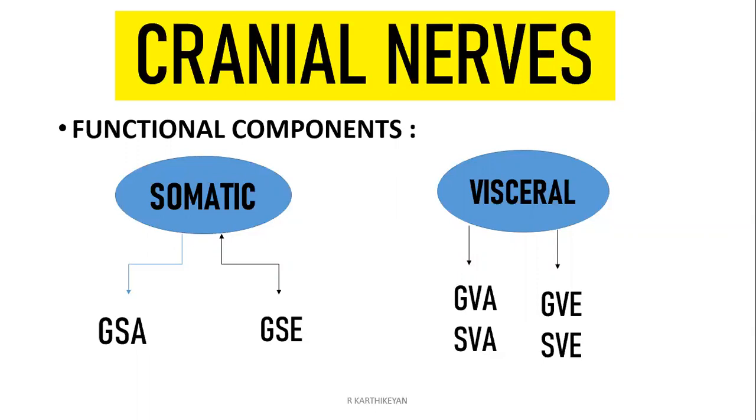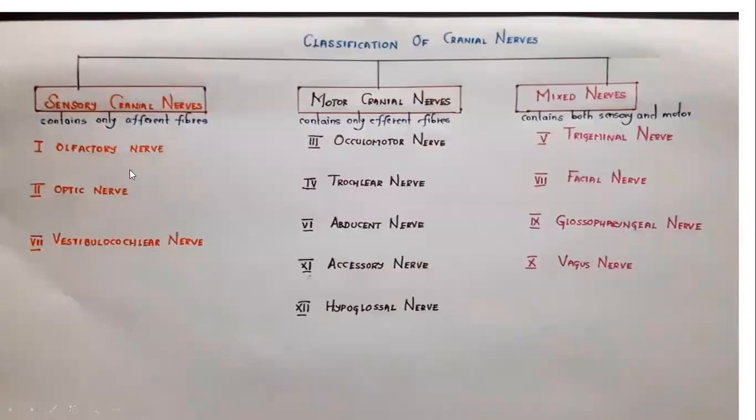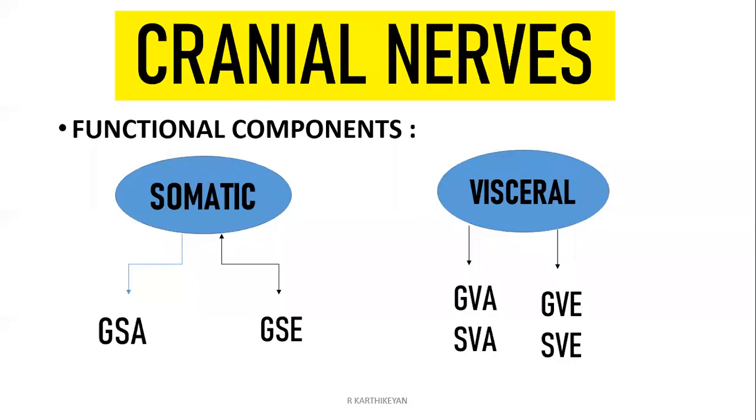That's why, for your sensory part here, it is mentioned as afferent fibers. If you remember the reflex pathway you studied in your school days, any touch or pain sensation is carried by the afferent fibers. So you have a set of fibers called afferent fibers, which go towards the CNS, and a set of fibers called efferent fibers, which go away from the CNS.